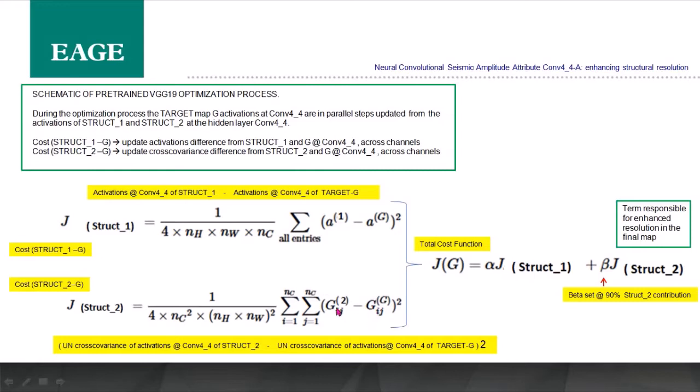Subsequently, the cross-covariance matrices G2 and GG of struct 2 and G at conv4 are element-wise subtracted and squared.